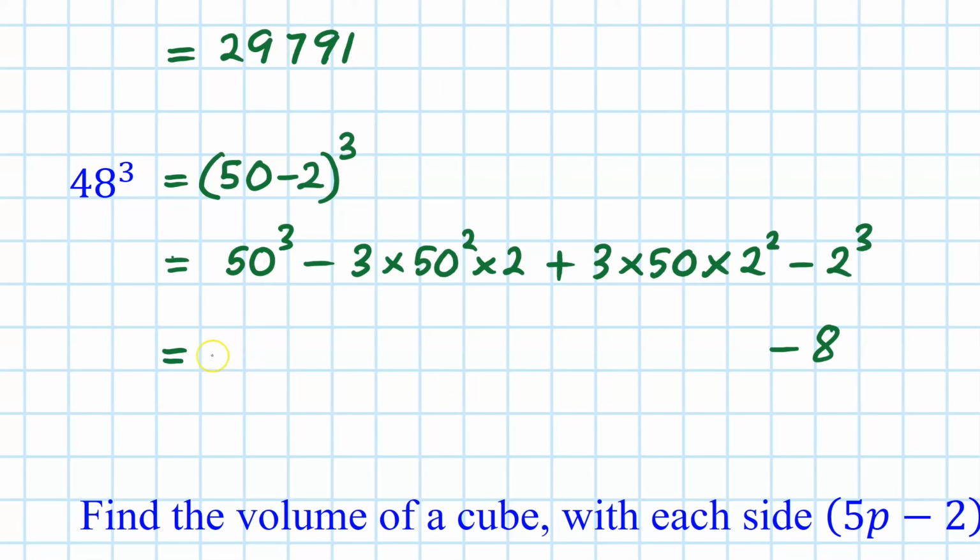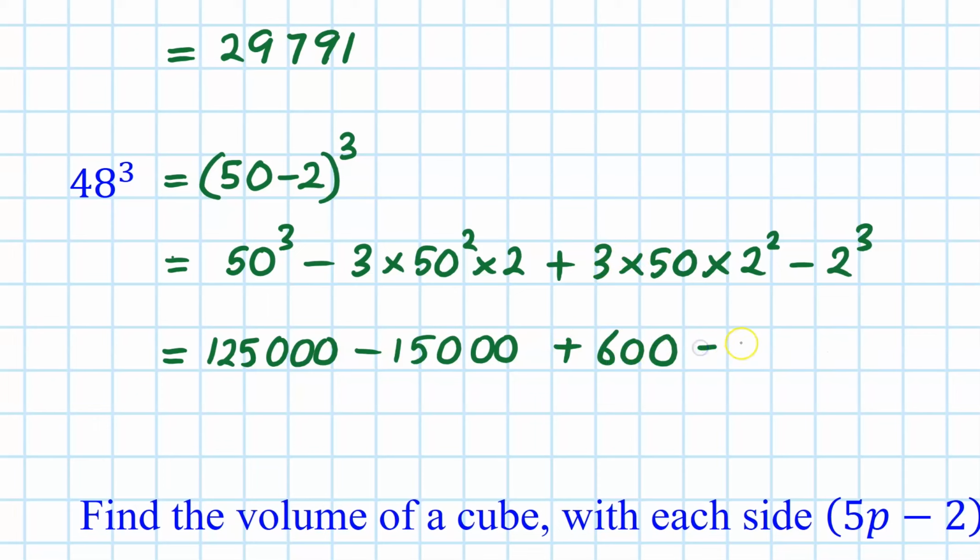50 cubed: 5 cubed is 125, 10 cubed is 1000, so 125,000. Then we have 5 squared is 25, 25 times 2 is 50, 50 times 3 is 150, then we ended up with 15,000 for that. And then we have 2 squared is 4, 4 times 5 is 20, times 3 is 60, so we have 600 here, minus 8.